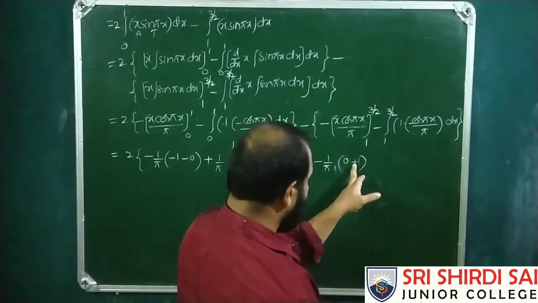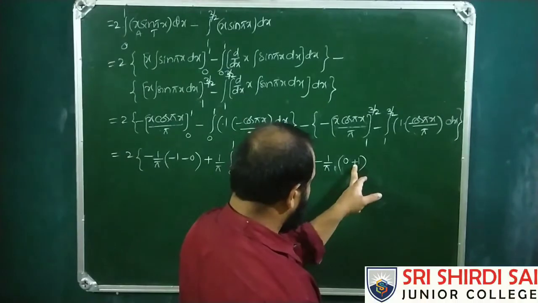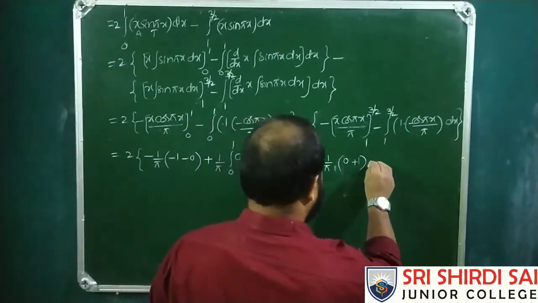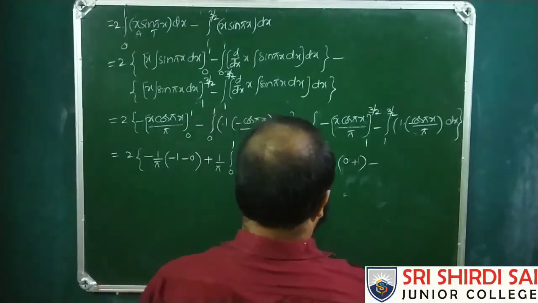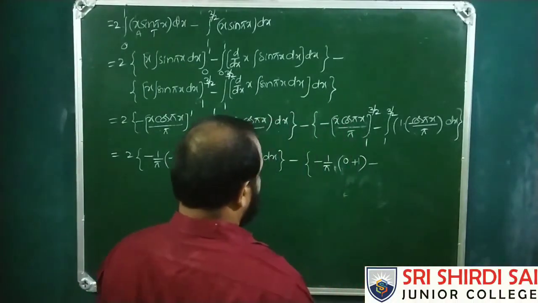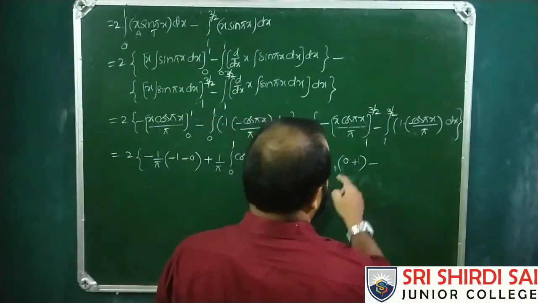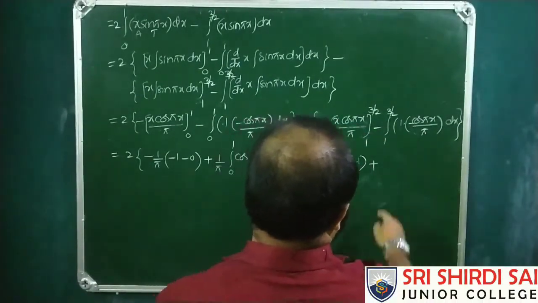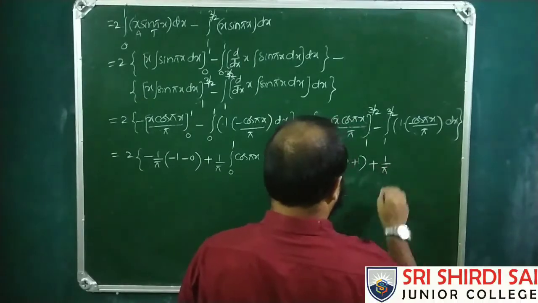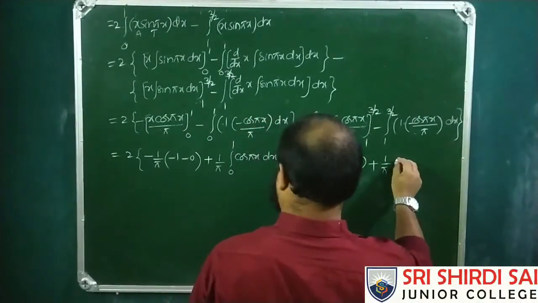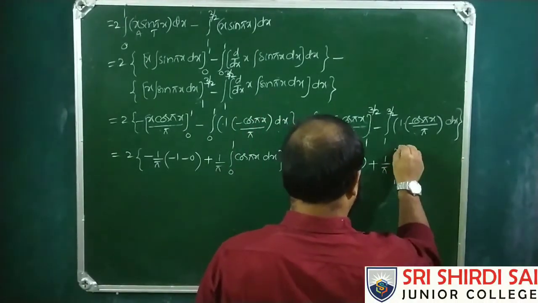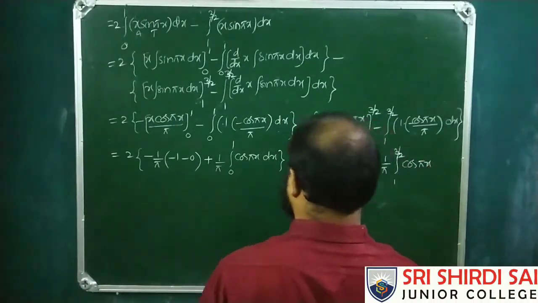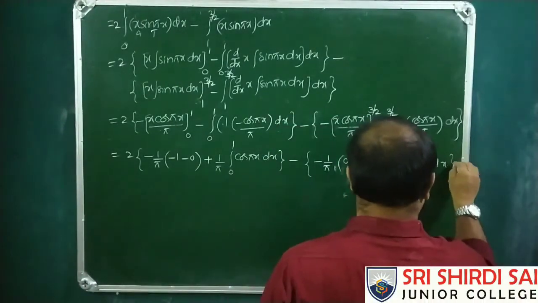So the lower limit is upper limit minus lower limit, minus is already there, so minus of minus plus 1. So this is minus into minus plus 1 by pi into integral 1 to 3 by 2 cos pi x dx.